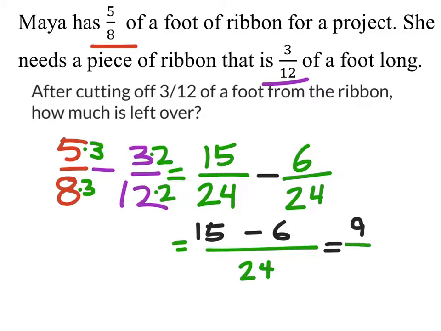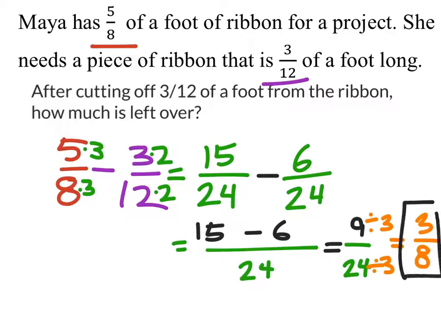So now it shows as 9/24, but whenever we work with fractions like this, we should see if it is possible for these to be simplified. And 9 and 24 are both divisible by 3. So 9 divided by 3 is 3, and 24 divided by 3 is 8. So this right here would be our final answer for this problem, 3/8.